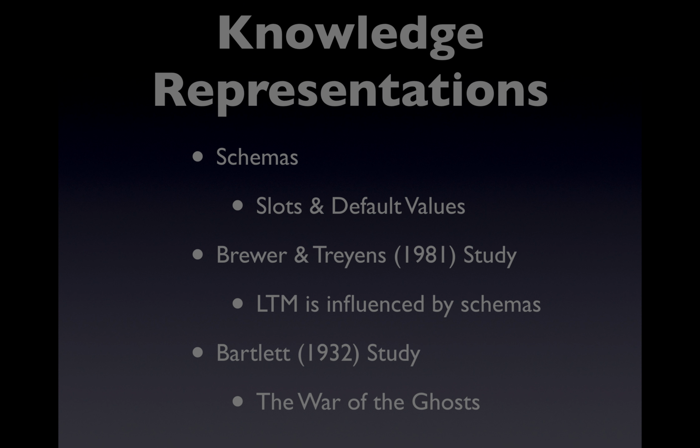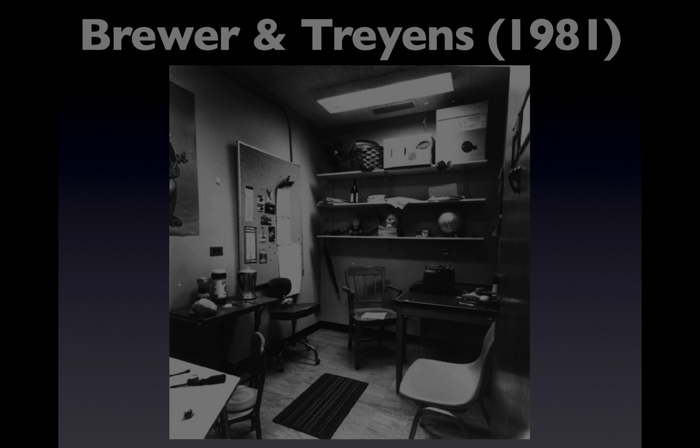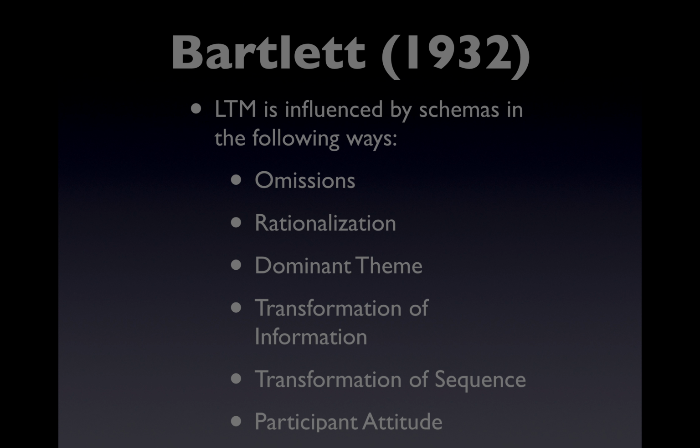And so what Bartlett showed was, he had everybody read this story, and then he would bring them back and try to see how much of the story they remembered. And what he found was that people made very systematic errors in terms of what they ended up remembering from the story.